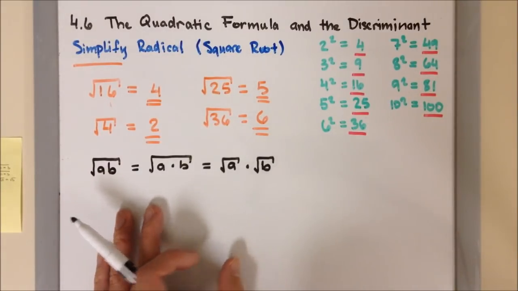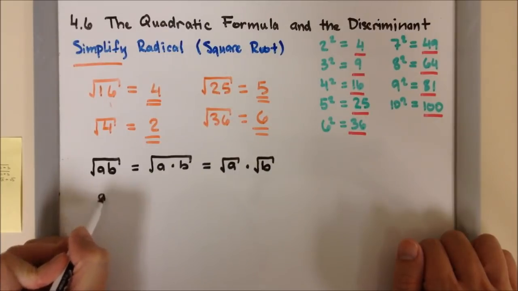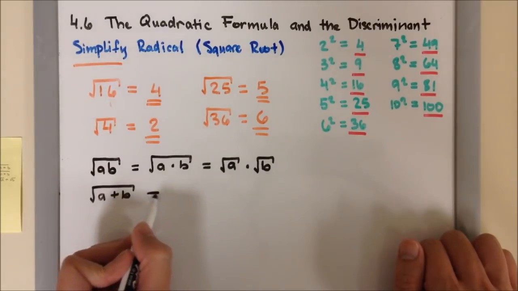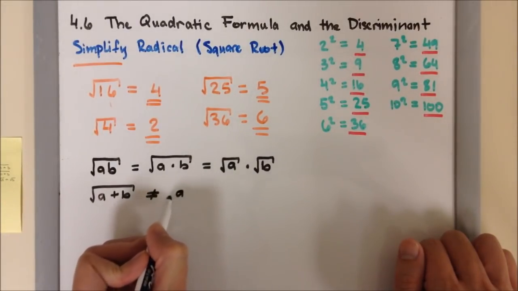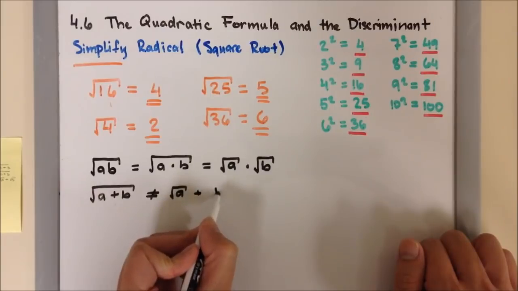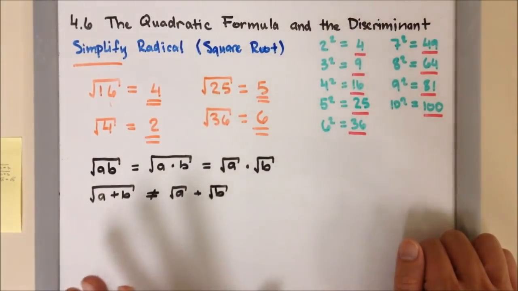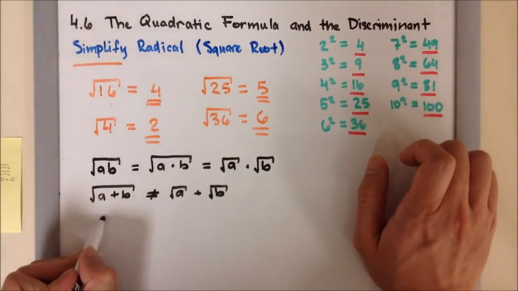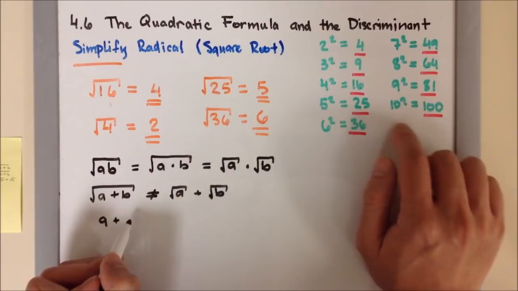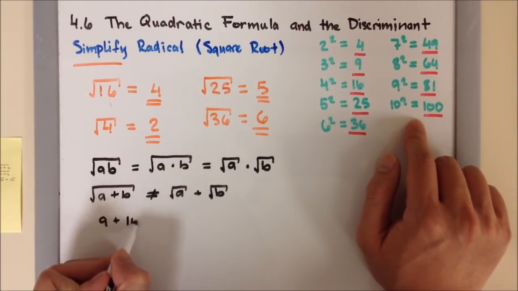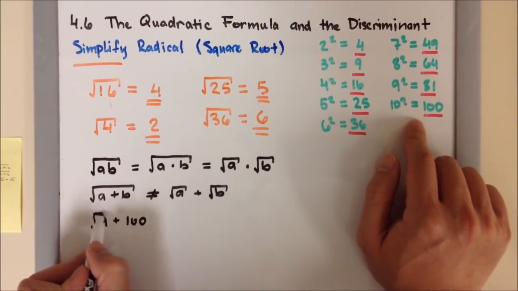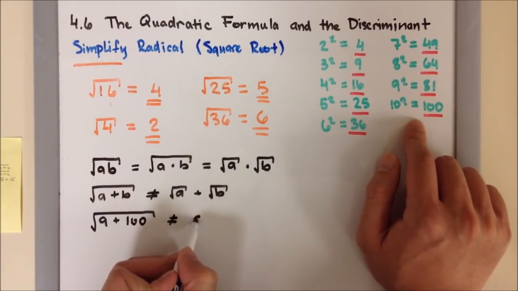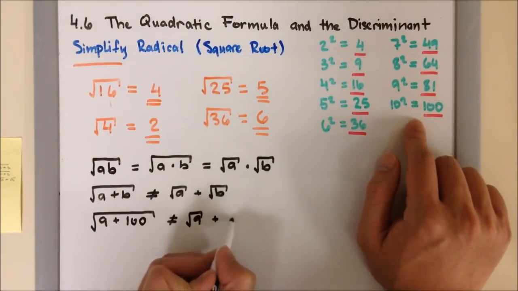If it's addition or subtraction, like this, the square root of A plus B does not equal the square root of A plus the square root of B. That does not work. For example, if I use my perfect squares, 9 plus 100, again, I'm saying it does not equal the square root of 9 plus the square root of 100.